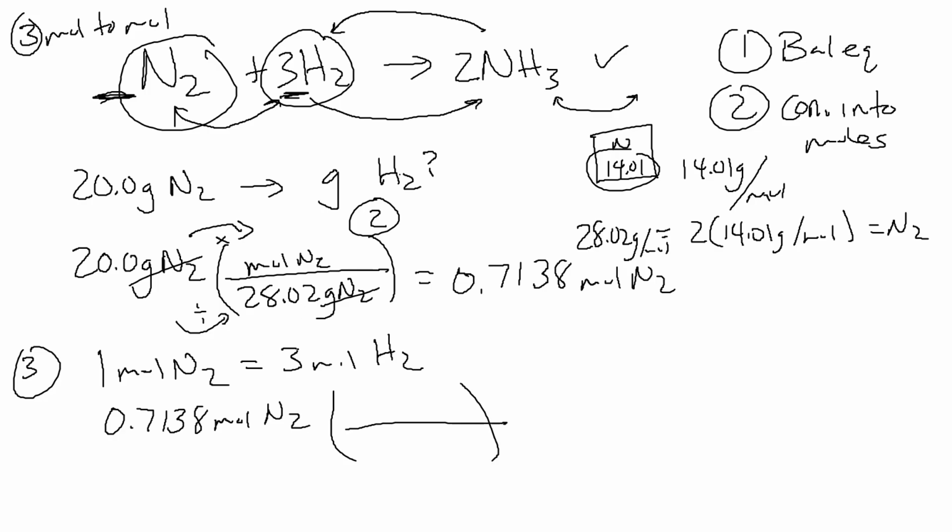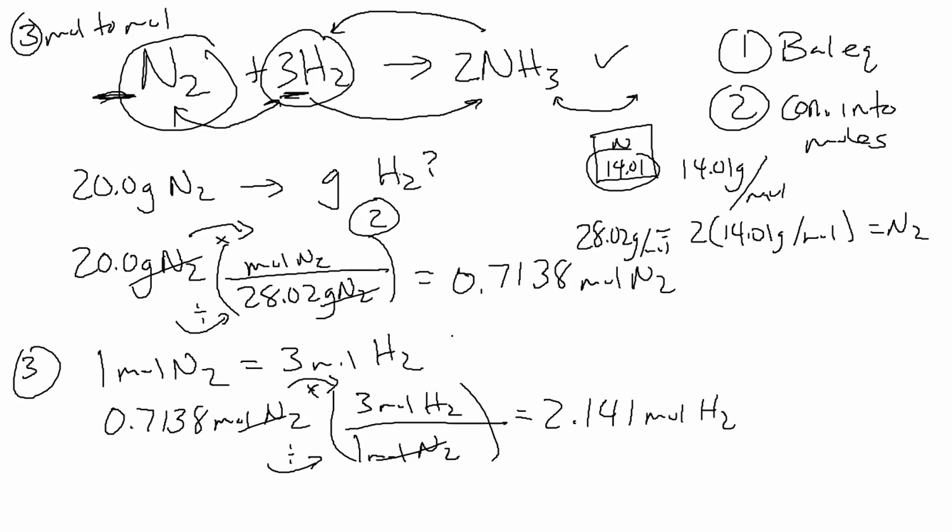Opposites cancel, which means moles of N2 on the bottom and 3 moles of H2 up on top. These are going to cancel, multiply, divide. Going to take times out by 3. We'll get a 2.141 moles of H2.